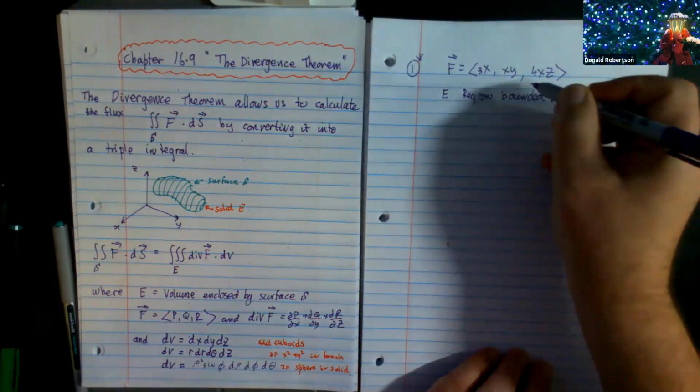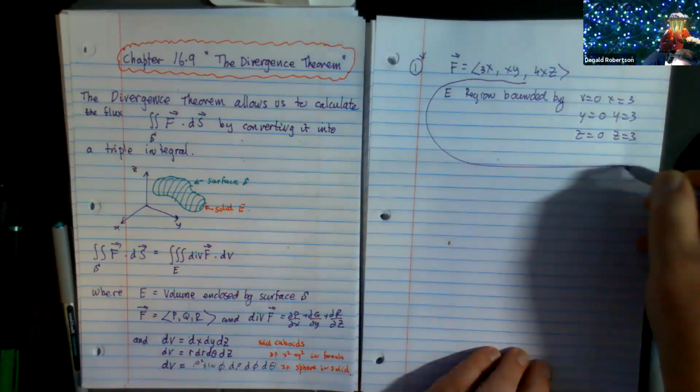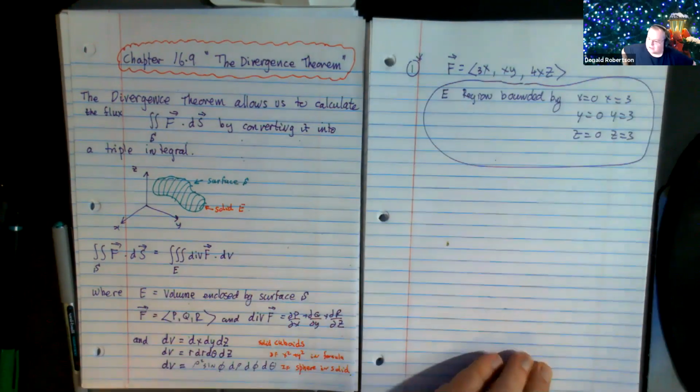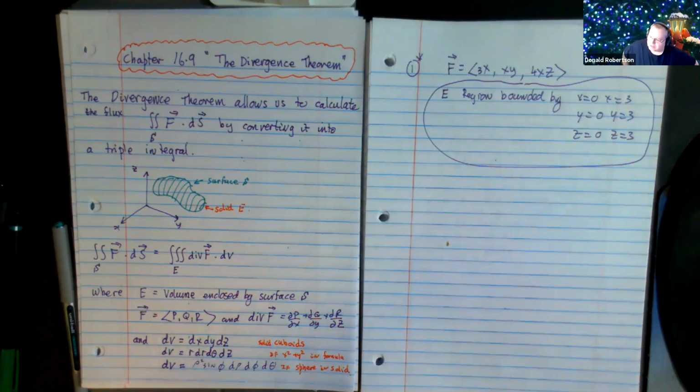Do you see in this question you don't even need to worry about what E is? It's pretty much handed to you on a plate, isn't it?